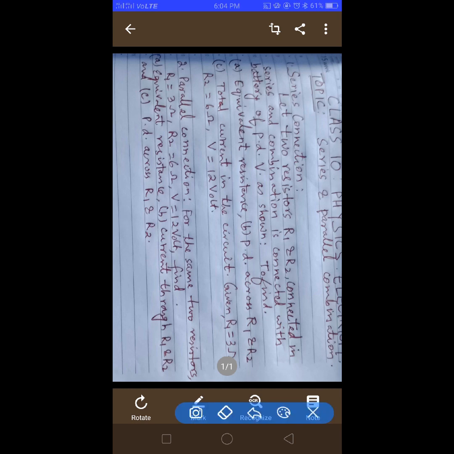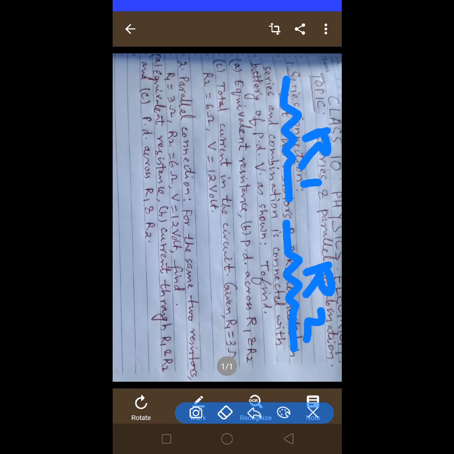So first, series connection. Say here is resistor R1, I name it R1, and another resistor I take R2. So this resistor R1 has two ends.